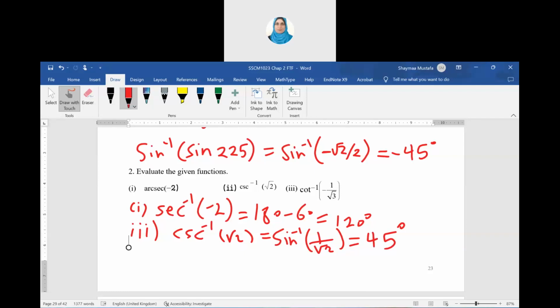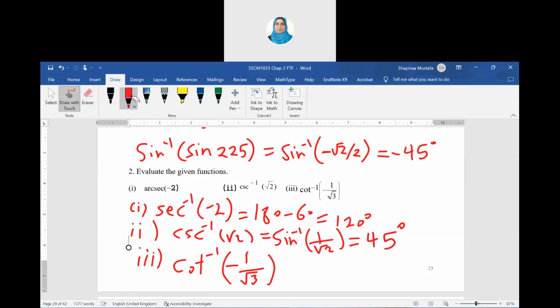Okay, the last one. We need to calculate cot inverse of minus 1 over the root of 3.